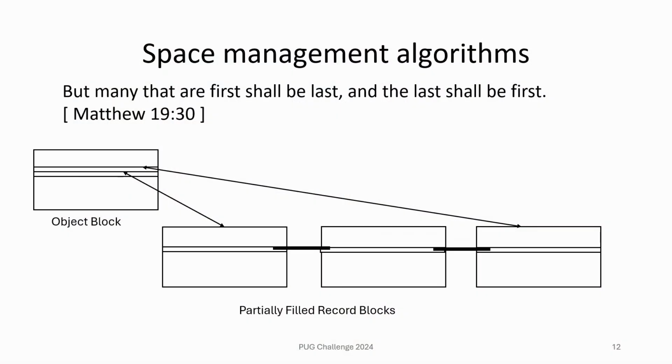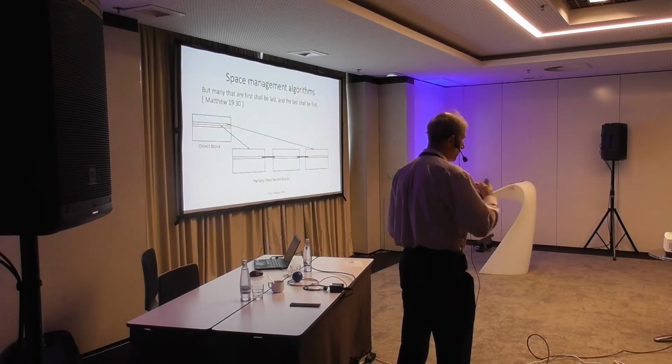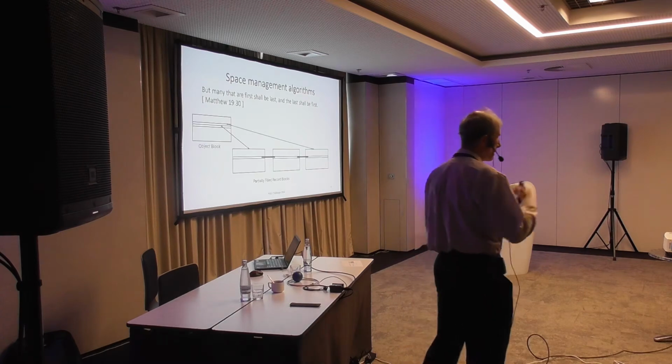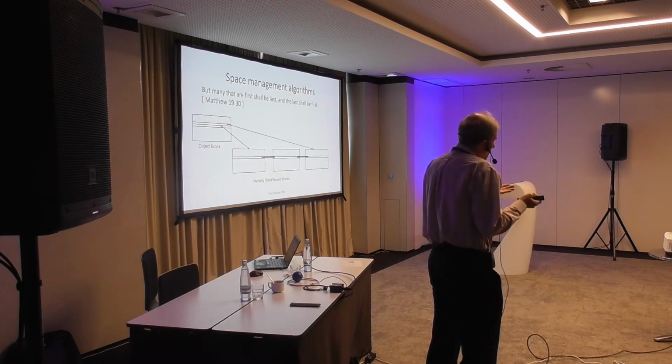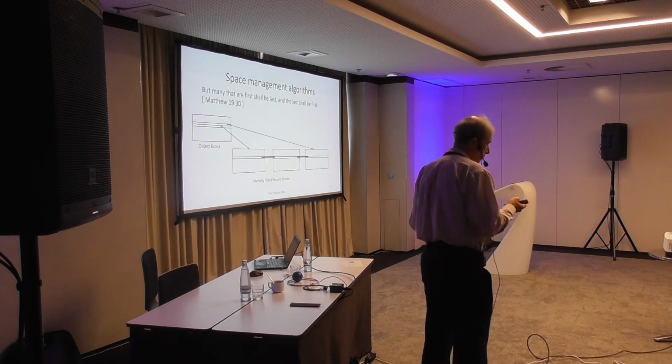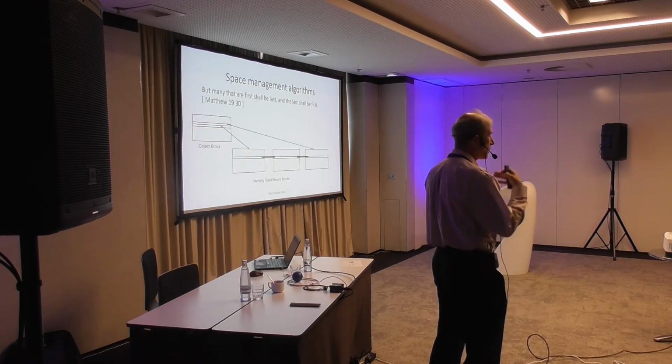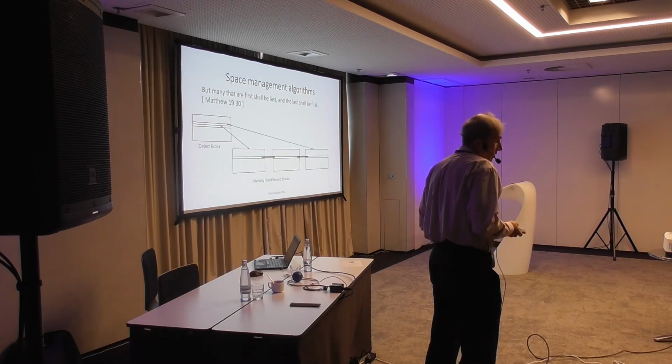Okay, and this is a little bit philosophical slide. It basically says that blocks on the RM chain are not much different from the blocks that are not on the RM chain. The only difference is that they are kind of elevated. We consider them partially full blocks, and we consider that we can put records into this block.